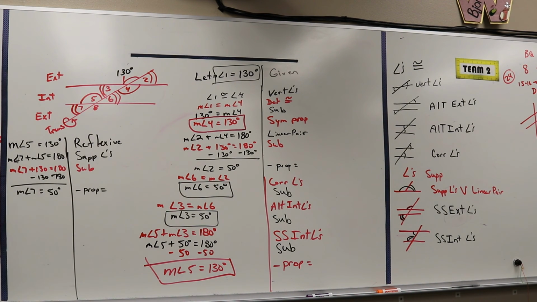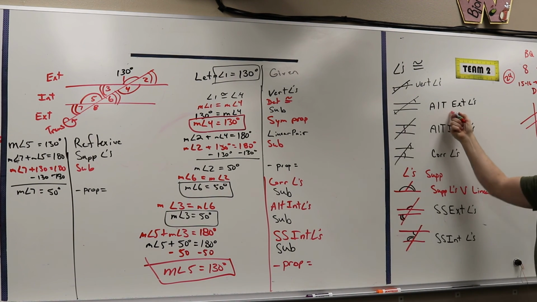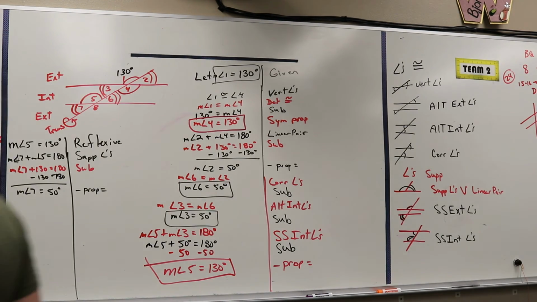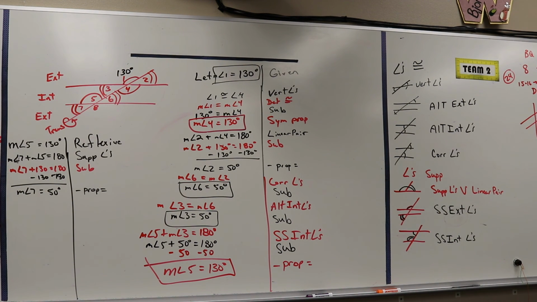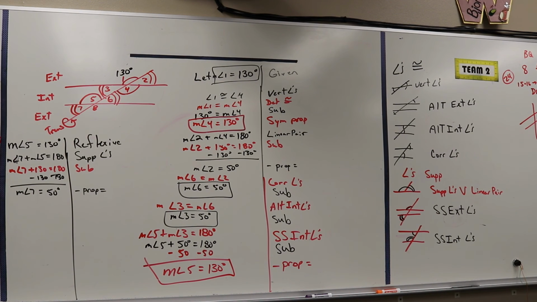So, how do we do number 8? Which one have we not done yet? We haven't done alternate exterior and we haven't done same side exterior, so it's up to you. Let's do same side exterior. Wait, alternate exterior would be faster.